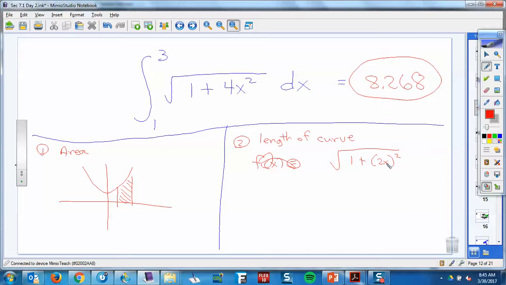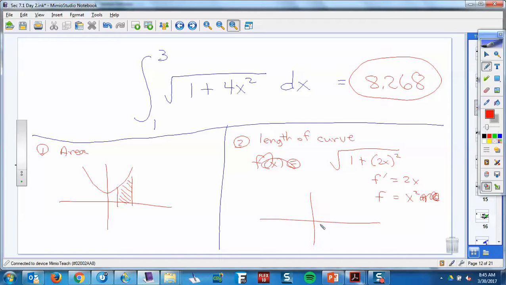That means f prime is 2x, which means f would be x squared plus c. Does the c matter? If you take x squared and just shift it up and down, is the length from 1 to 3 going to change? It is not going to change, right? So we don't worry about the plus c.